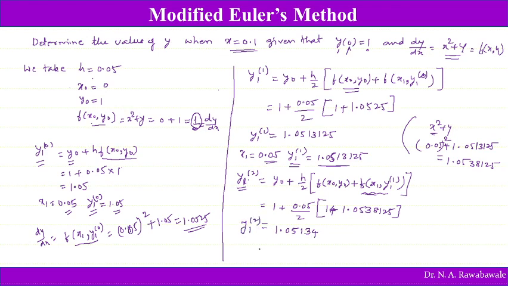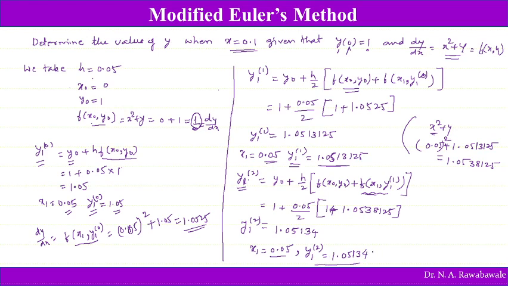So now the revised value of x1 is 0.05. We take x1 as the independent variable, whereas the dependent value we are going to improve or iterate, and that value we get as 1.05134. This is a refined value. Still we can further refine this value.